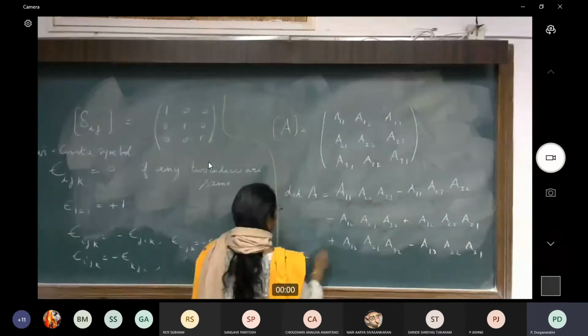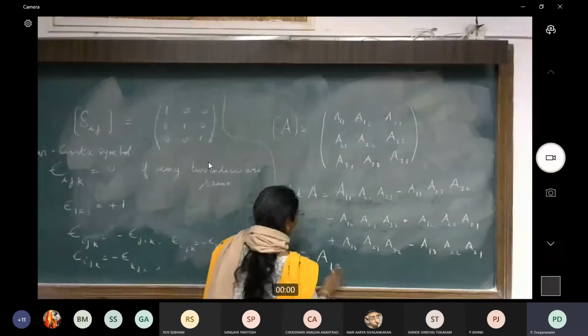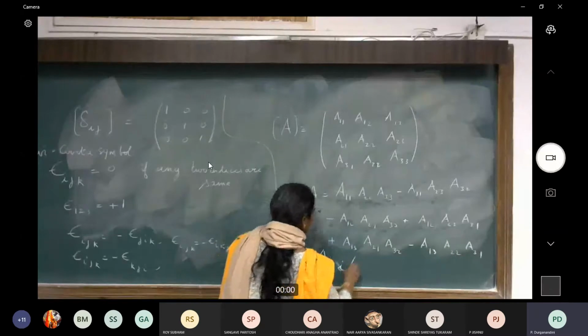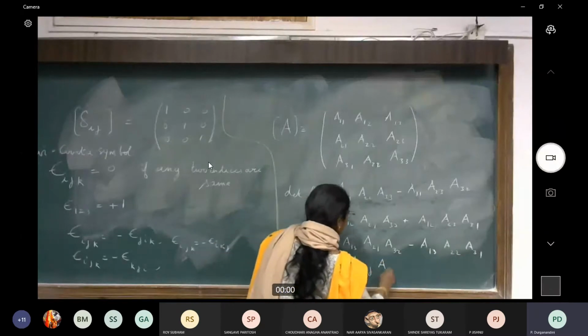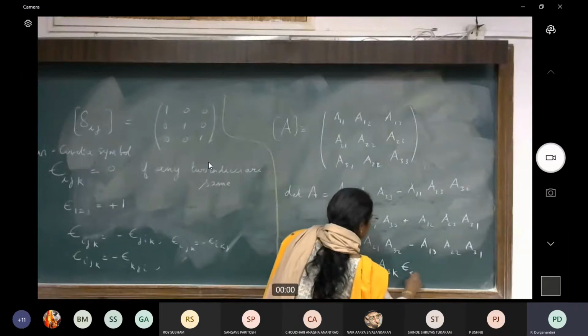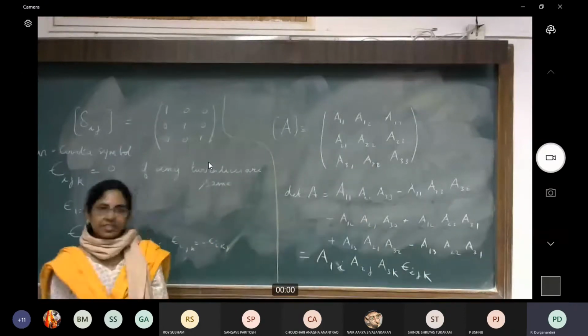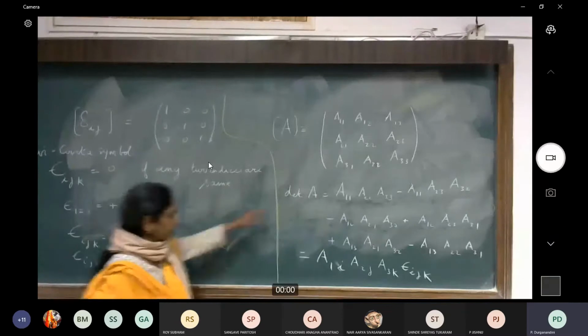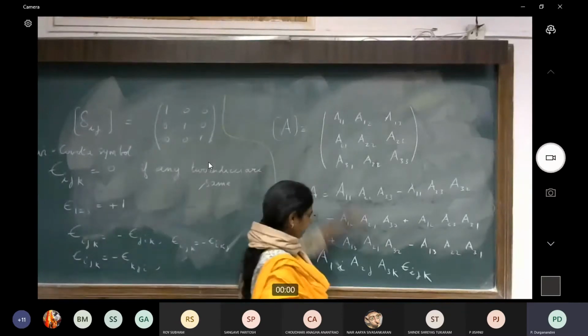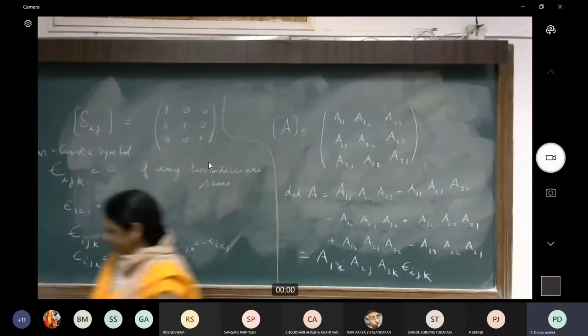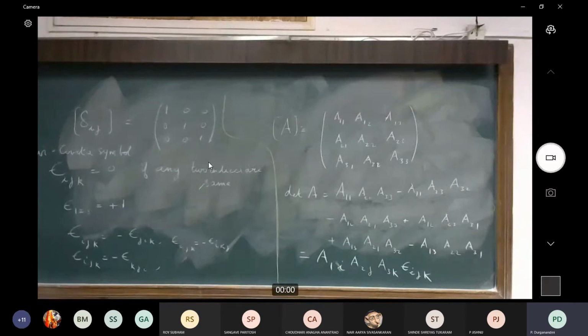So you can see that I can write this compactly in this form. I can use my Levi-Civita symbol to write a determinant over a 3 by 3 matrix in this very compact form. And again, here I've used the summation convention. So it's a very neat way of doing this.